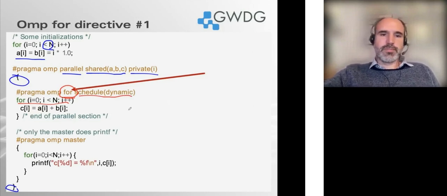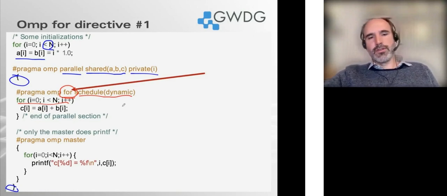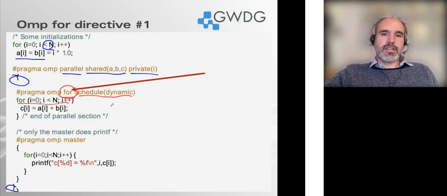And the schedule even has a parameter, which here is dynamic. There's also a slide later on about this, just to hint. Dynamic means when a thread is done with some iterations, the runtime environment will decide which next chunk of iterations will be assigned to the thread.